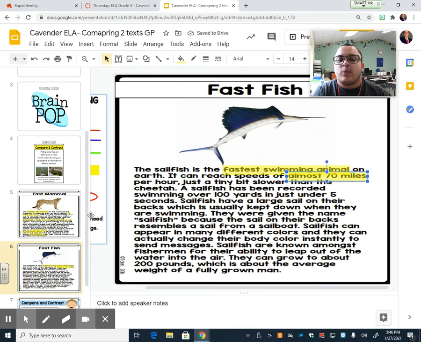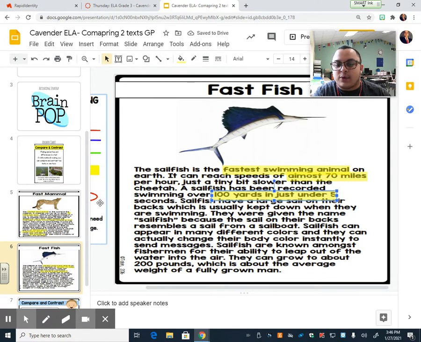We know that it can go over 100 yards in just under 5 seconds, which is crazy. Could you imagine if your favorite football team could run down the field in just under 5 seconds? That's insane.